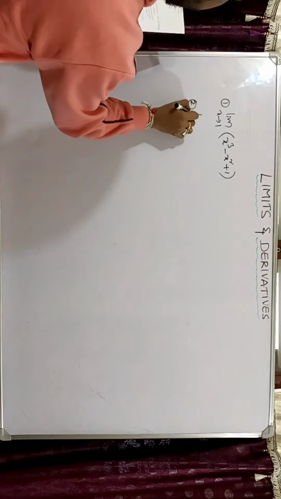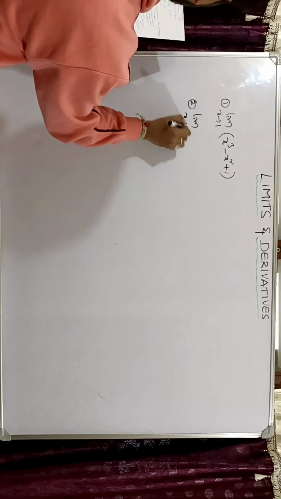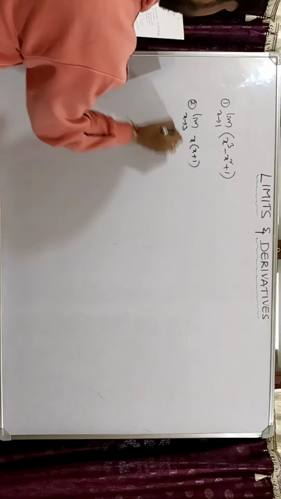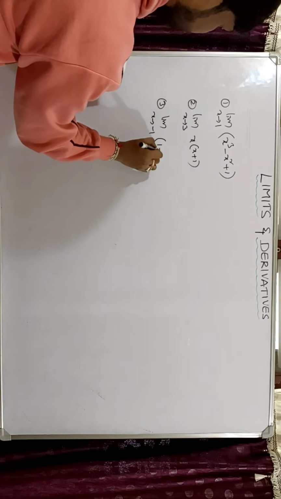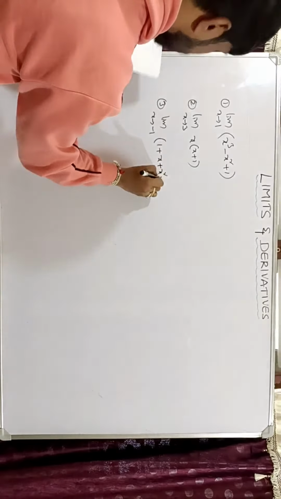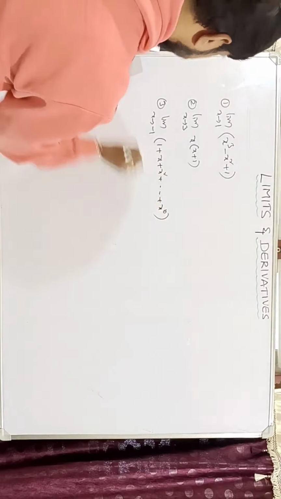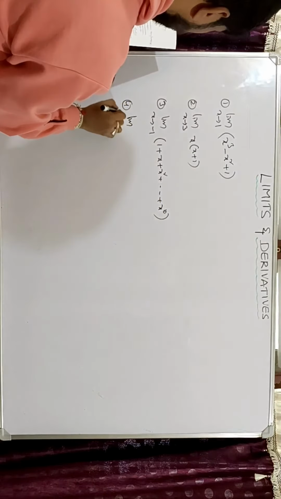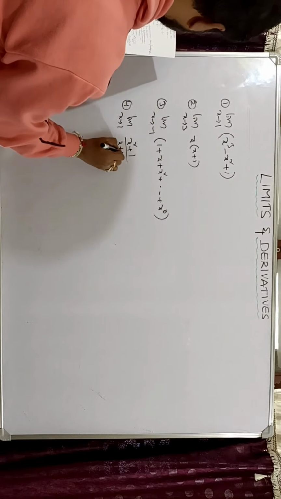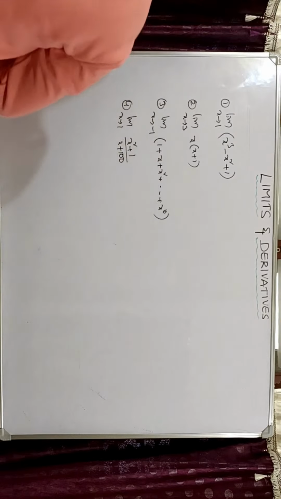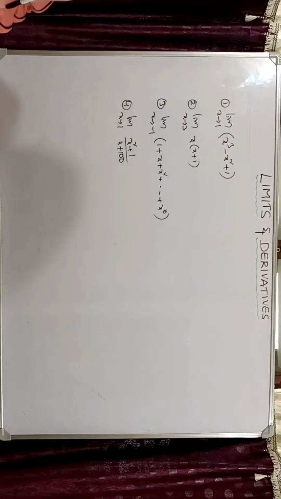Limit x tends to 3, x into x plus 1. Limit x tends to minus 1, 1 plus x square plus so on plus x power 10. Fourth one, limit x tends to 1, (x square plus 1) by (x plus 100). How do you know these are general questions?